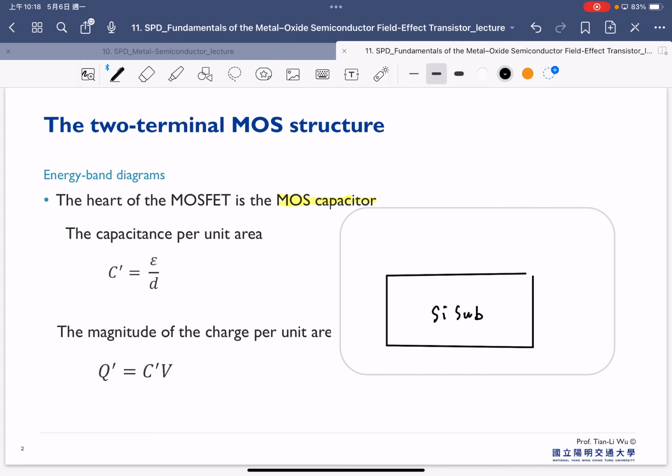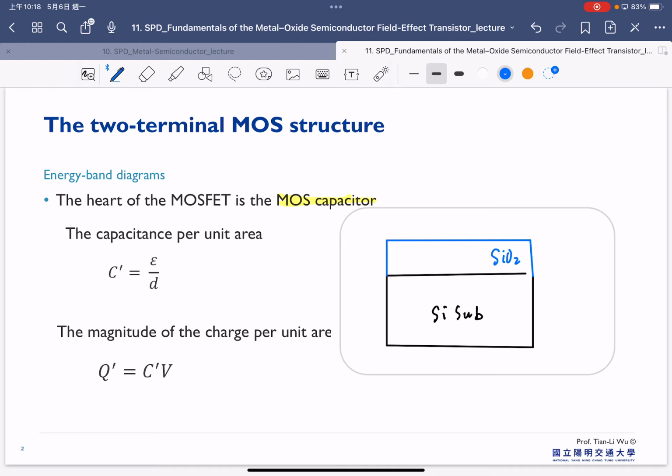We just put a dielectric on top of the silicon substrate, and the most often used dielectric is silicon dioxide.